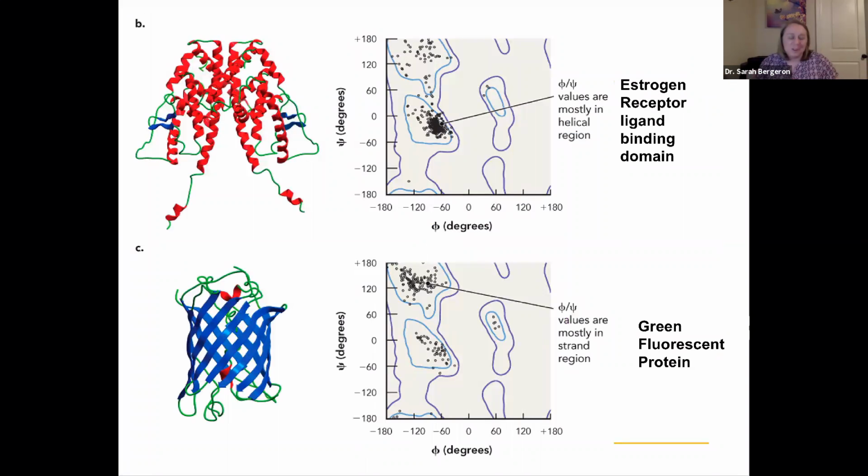Okay, so here are two examples. The first one is an estrogen receptor ligand binding domain. It's not the whole protein, but it's the ligand binding portion. And so if you did a Ramachandran plot for this particular protein, what you're going to see is a lot of phi and psi bonds that correspond to our helical region.